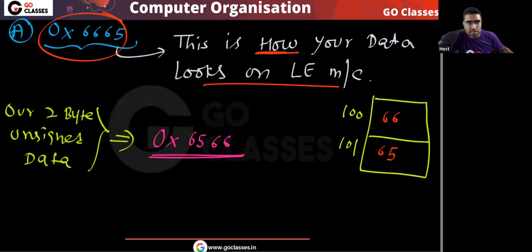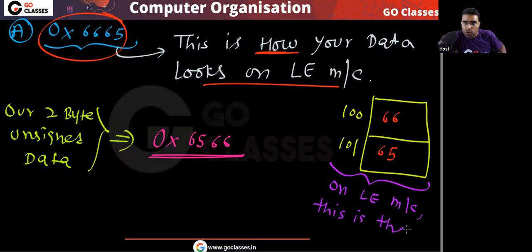This is how the data looks on a little Endian machine. Is this clear? So what is your data? On the little Endian machine, this is how your data looks.